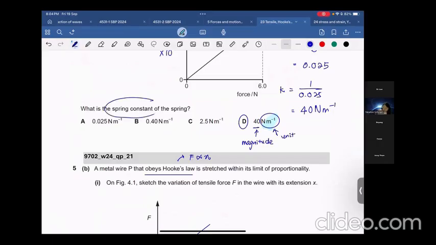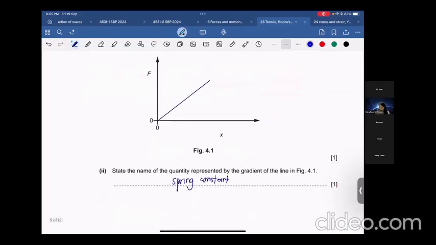So spring constant is a physical quantity, because it consists of magnitude and unit. It can be measured. So they are asking, when you calculate the gradient, what quantity does it represent? It is the spring constant.